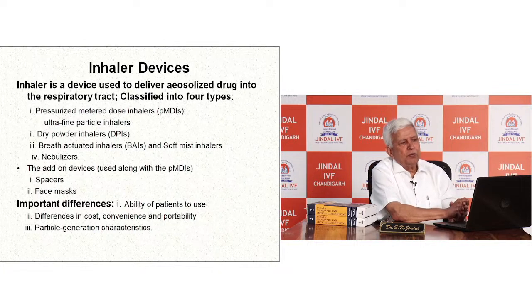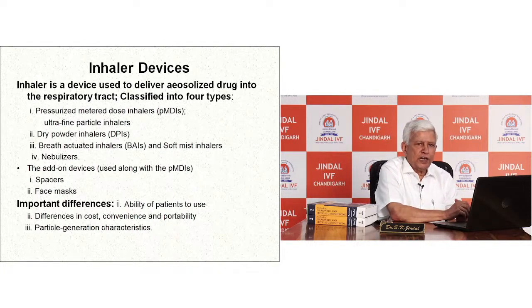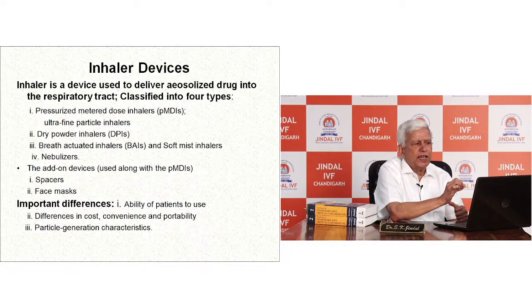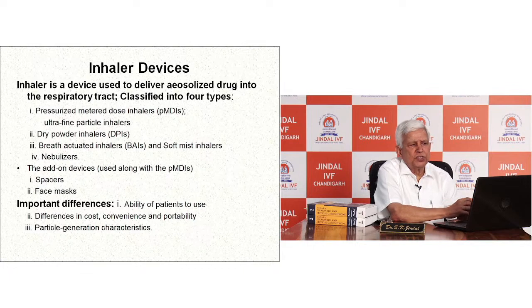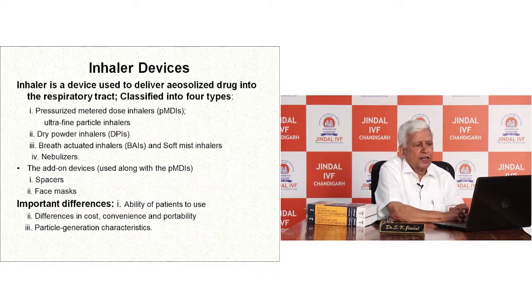So next we come to the inhaler. Once we know these principles of inhalation and drug deposition, I think the most important is the device here. An inhaler is a device used to deliver the aerosolized drug into the respiratory tract. Classically, there are 4 types of inhalers: the pressurized metered dose inhalers, and in this category there are also the ultra fine particle inhalers.